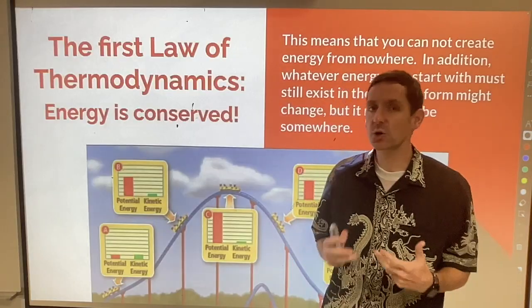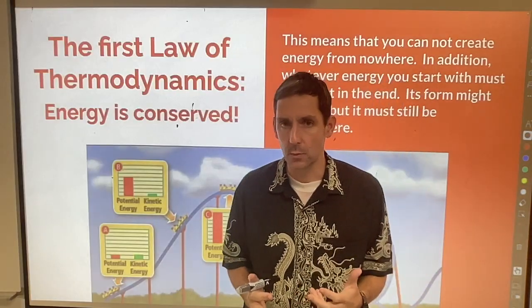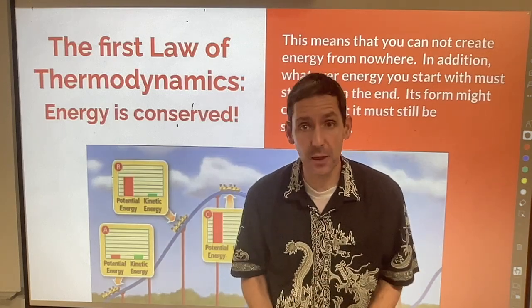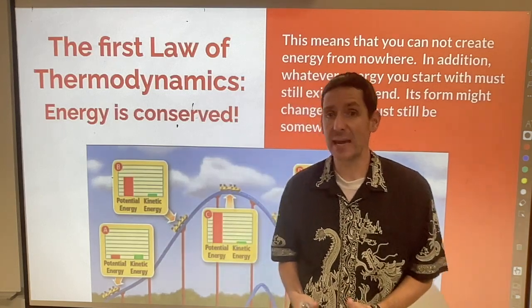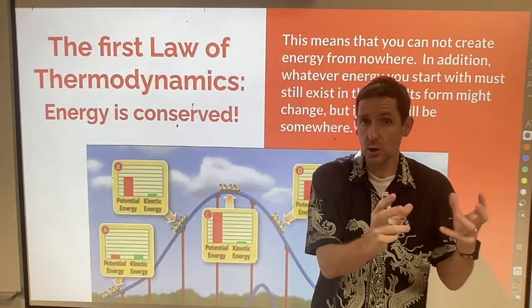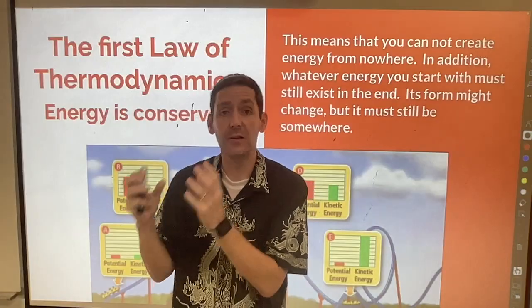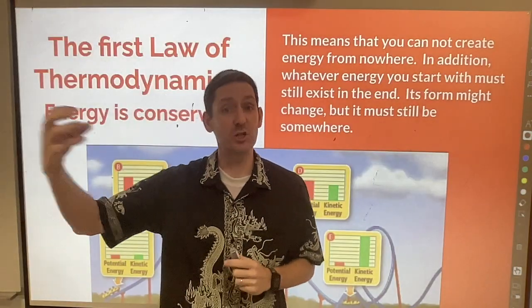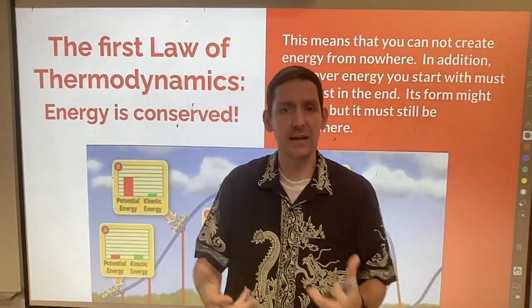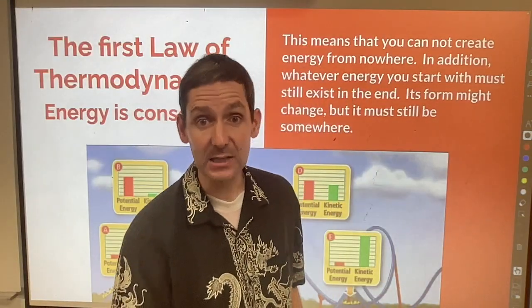That means you can't create energy from nowhere. It has to come from some other form of energy. In addition, you can't destroy energy. Whatever energy you start with, you have to end with that energy unless you bring in energy from some other form of energy. I'll try to give you some examples of this later.